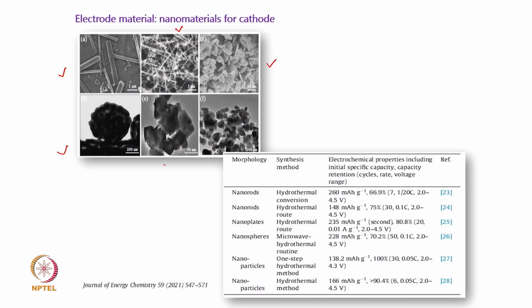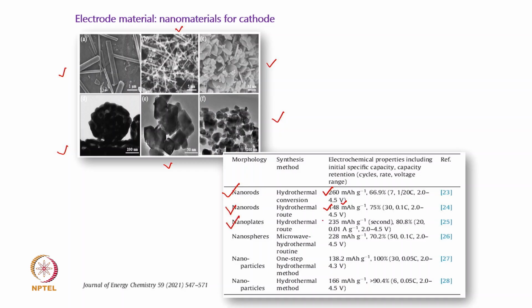So, there are different nanomorphologies, and if I compare the morphologies, say nanorods, this is the typical capacity with this typical voltage, which is quite high, 4.5 volt. Then the same nanorods, it depends on what material you have grown, have a little different specific capacity.